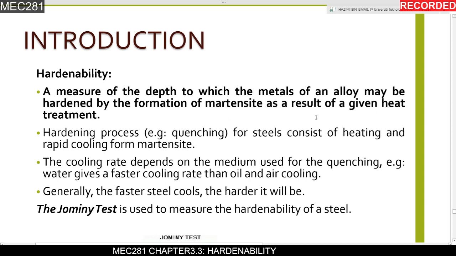So in simple words, hardenability is just a measurement of how an alloy can increase its hardness by using heat treatment.